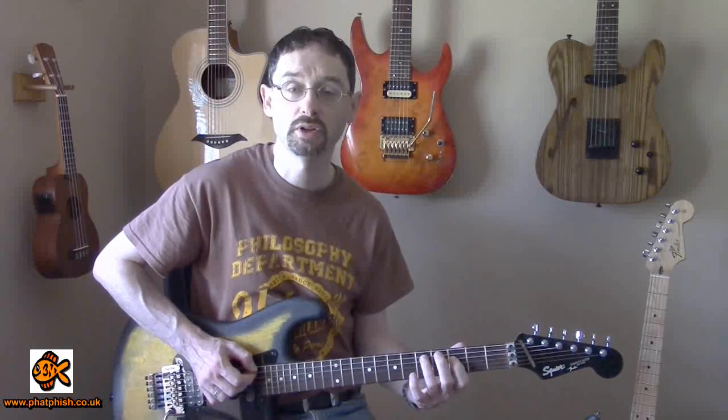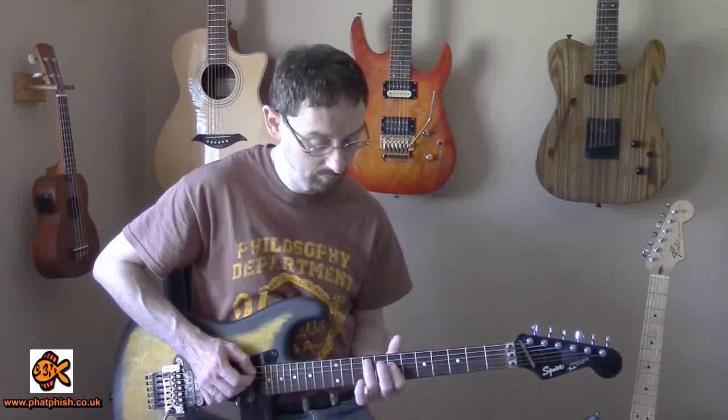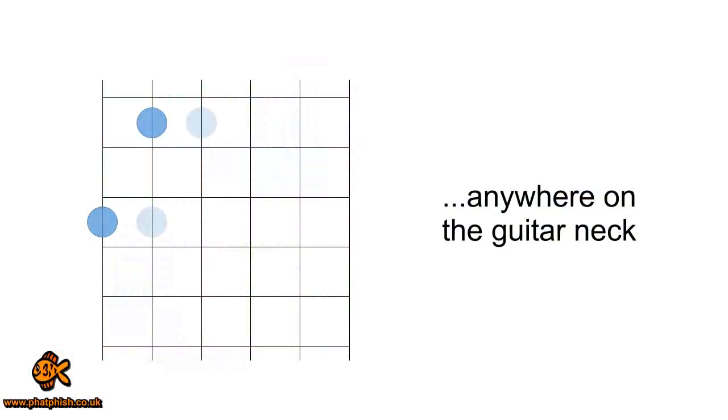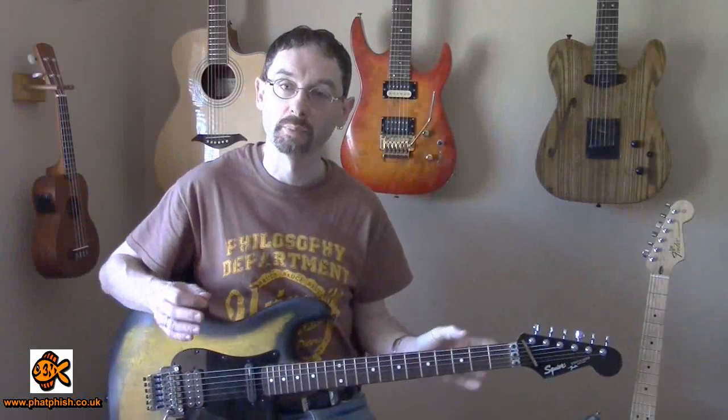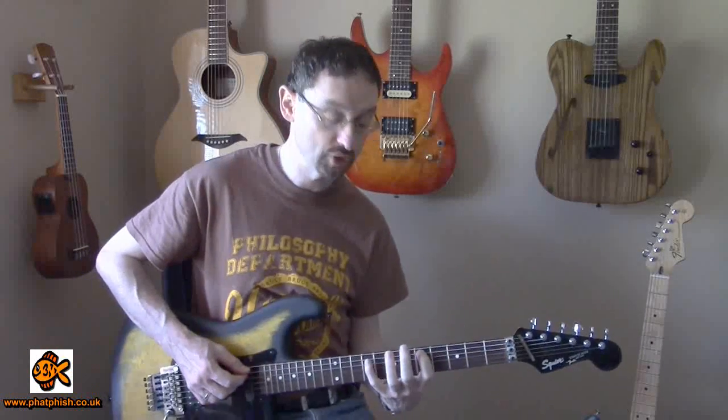Now that three semitone interval, whichever two notes you're playing it between, always looks like this, unless you're playing it on the second and third string, in which case it looks like this. A four semitone interval is getting a little bit harder to play just on one string because the stretch is getting a bit big.